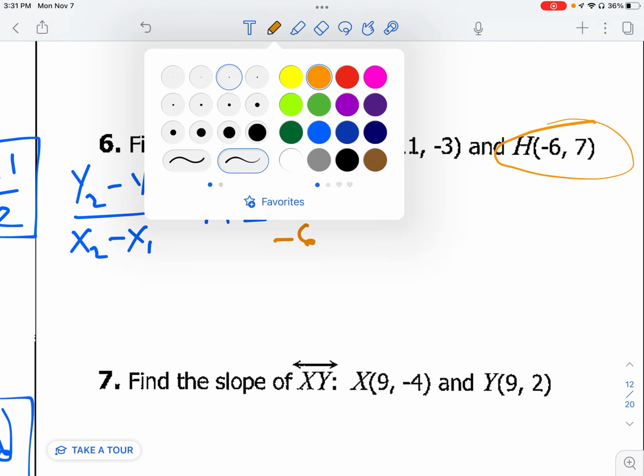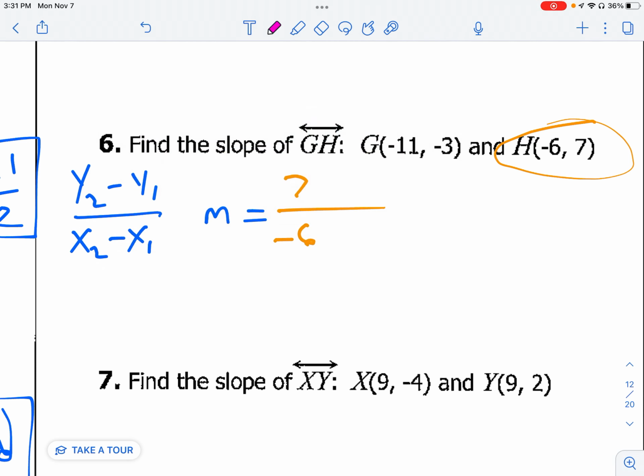So my x and y's are lined up: minus a minus 3, minus a minus 11.